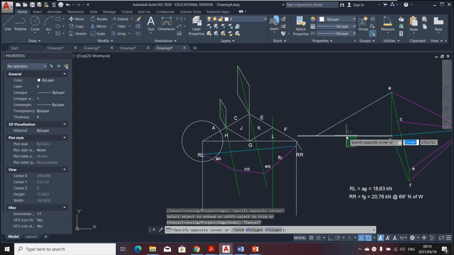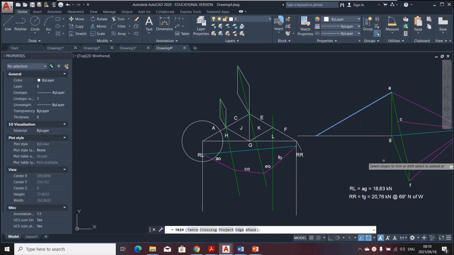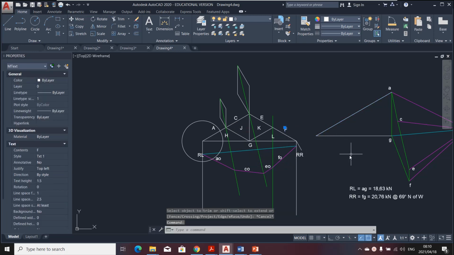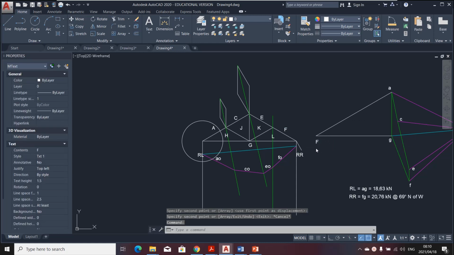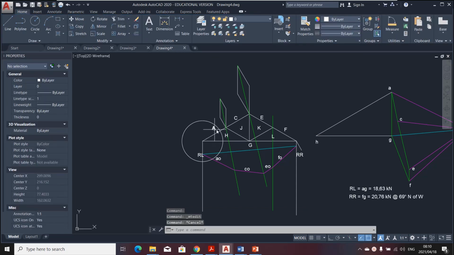There we go. Where they meet, I'm going to have my H. I'm done with this joint, so I'm going to the next joint.